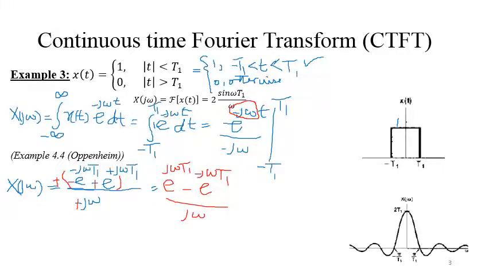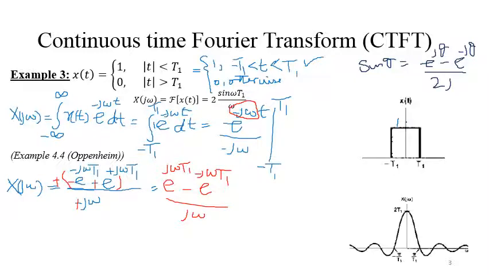If you recall the sine function, sine of theta equals e to the power j theta minus e to the power minus j theta, divided by 2j. It's similar to this expression.